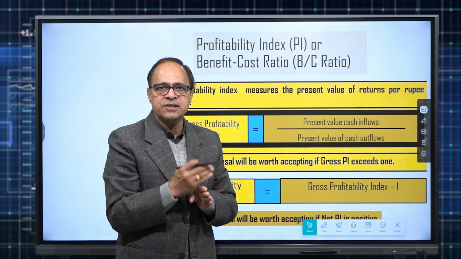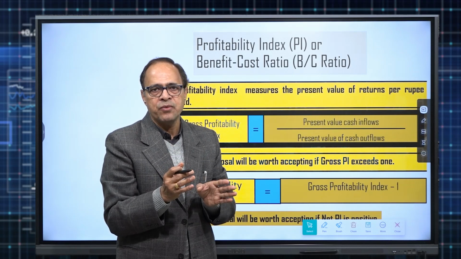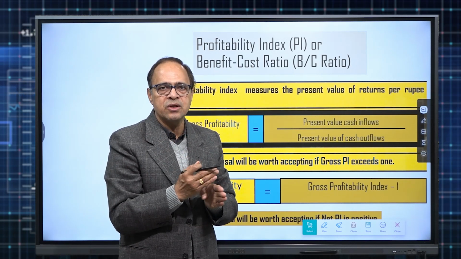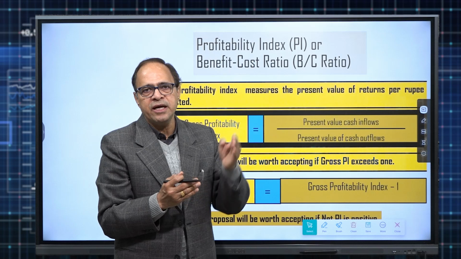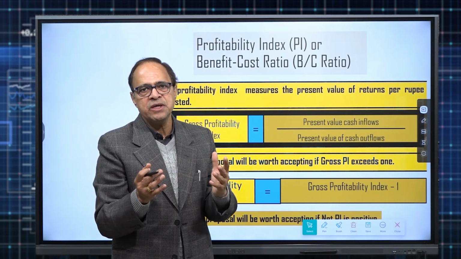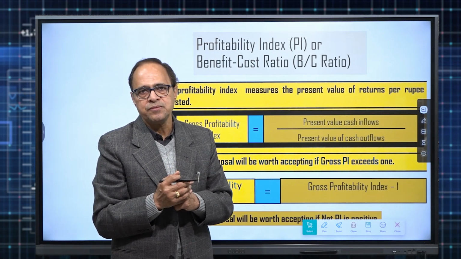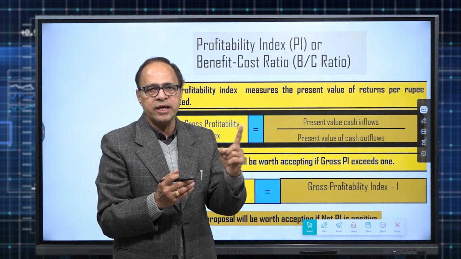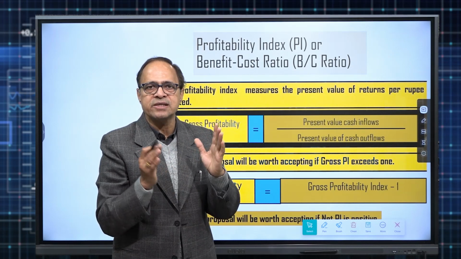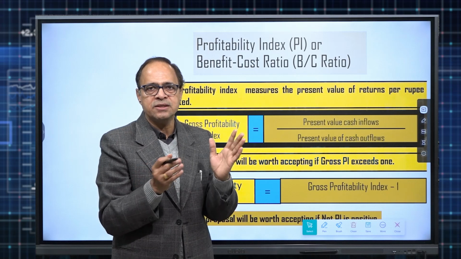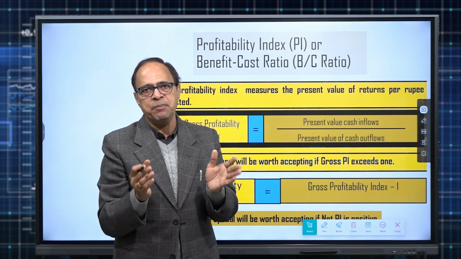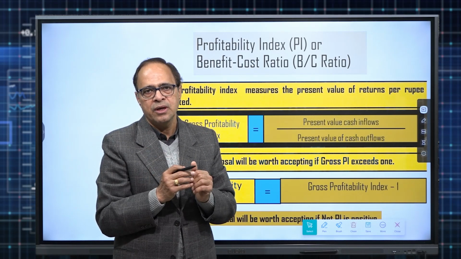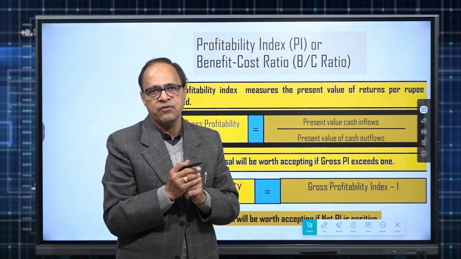Whereas in project C, whatever may be the investment, for every 1 rupee invested, you are going to get back 1 rupee and 8 paisa. So which one is better according to you? Definitely A, because for every 1 rupee you are going to get back 1 rupee 10 paisa, so extra 10 paisa. Whereas in C you are going to get only extra 8 paisa for every 1 rupee, and that too after considering time value of money.